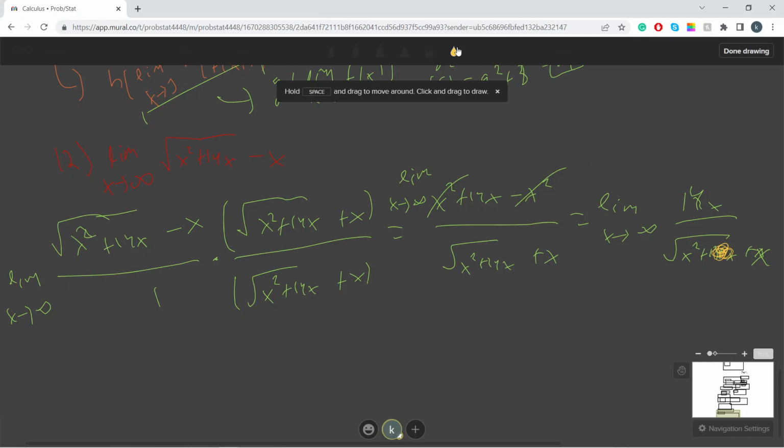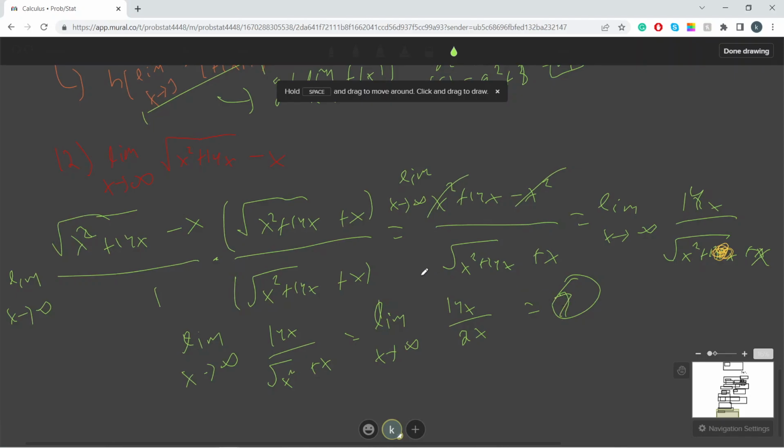And now what we have is the limit as x approaches infinity of 14x over the square root of x squared plus x. And this simplifies to the limit as x approaches infinity of 14x over 2x, which equals 7.